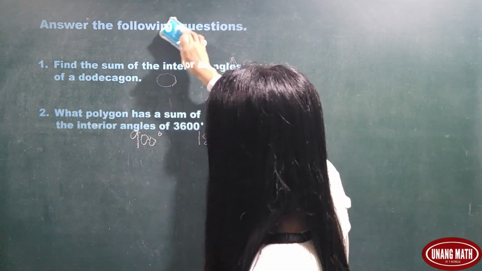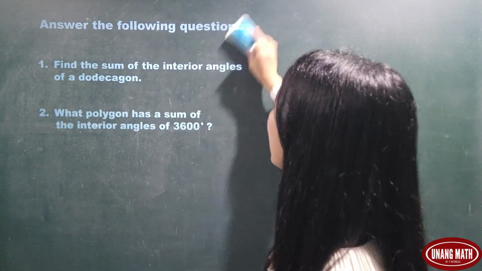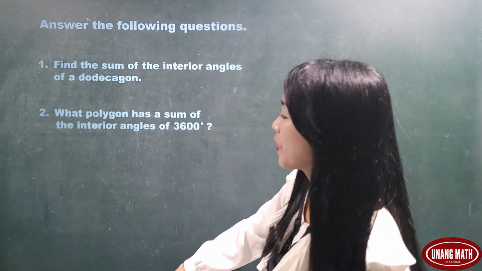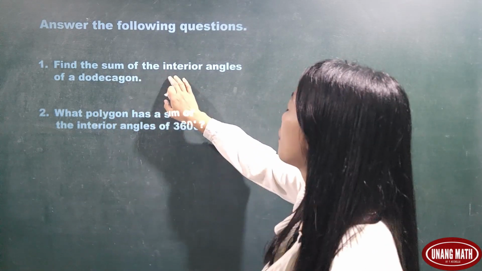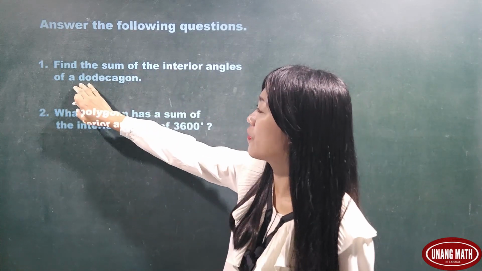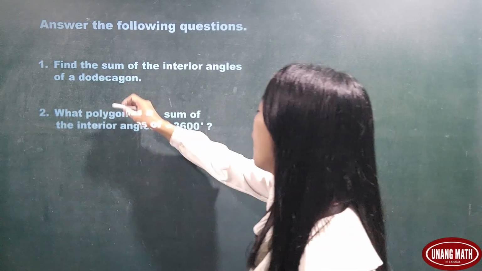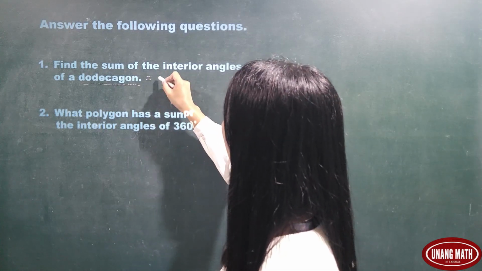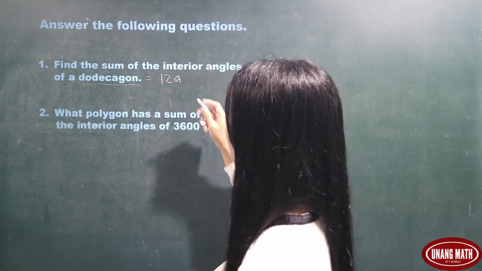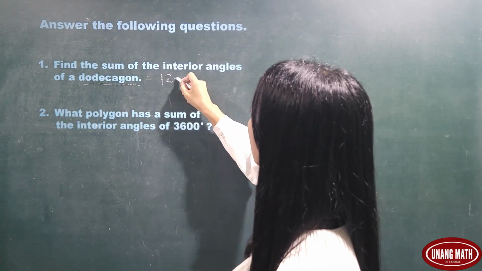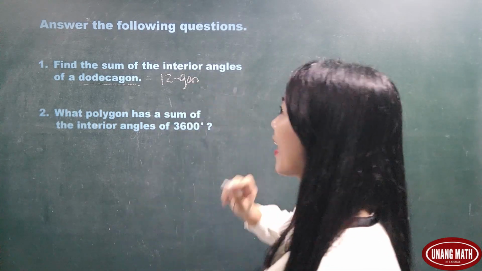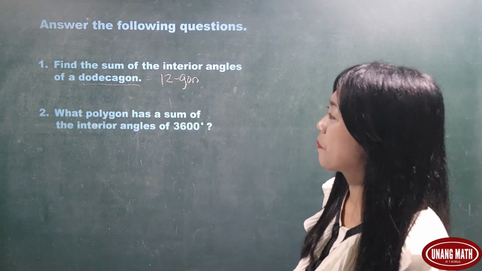Okay, this time, let's answer this simple activity. Answer the following questions. The first one is, find the sum of the interior angles of a dodecagon. Okay, dodecagon or 12-gon. So that means there are 12 angles in this polygon.